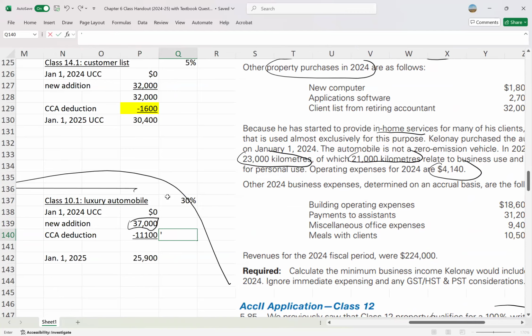And then what we do is we prorate this by 21,000 over 23,000. And so we take the maximum CCA, 11,100, multiply it by 21,000 over 23,000. And so the actual deduction is going to be 10,135.